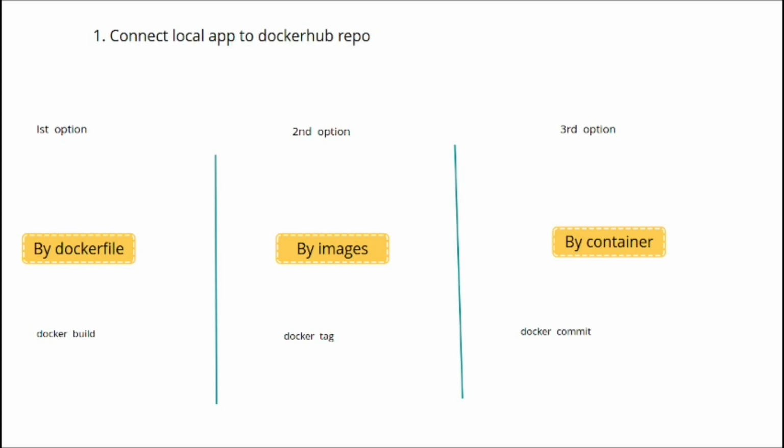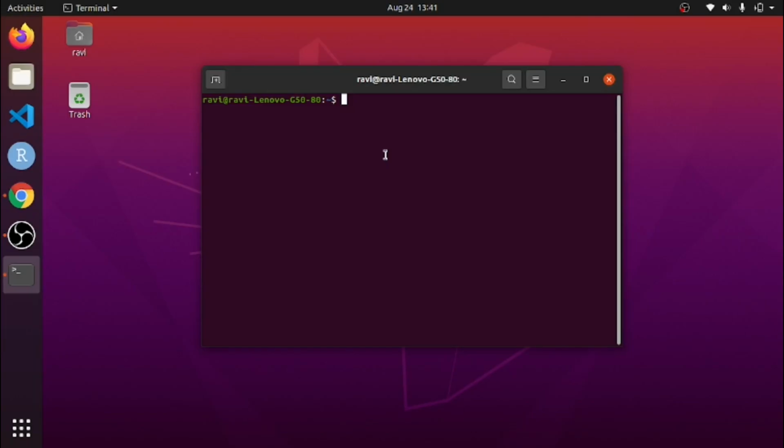Similarly for images, you have to run docker tag. Similarly, if you want to connect by container, you have to run the docker commit command. If you see my previous video, you can know how to deploy your application by Docker file. In this video I'm going to show you only one method, by images.